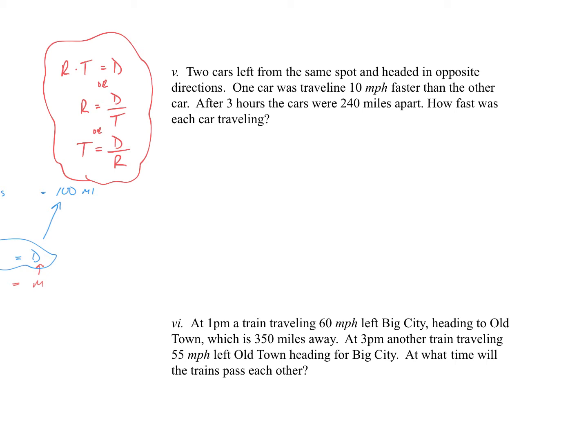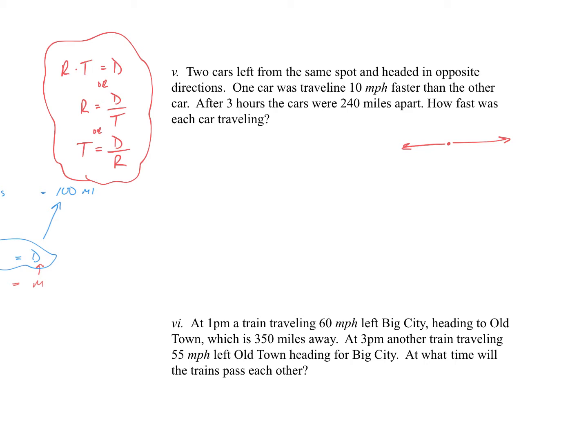But the second part of this lesson is going to be interpreting word problems to help solve real-world situations. So the first problem says 2 cars left from the same spot and headed in opposite directions. So we got the spot, 1 car going that way, 1 car going that way. 1 car was traveling 10 miles per hour faster than the other car.